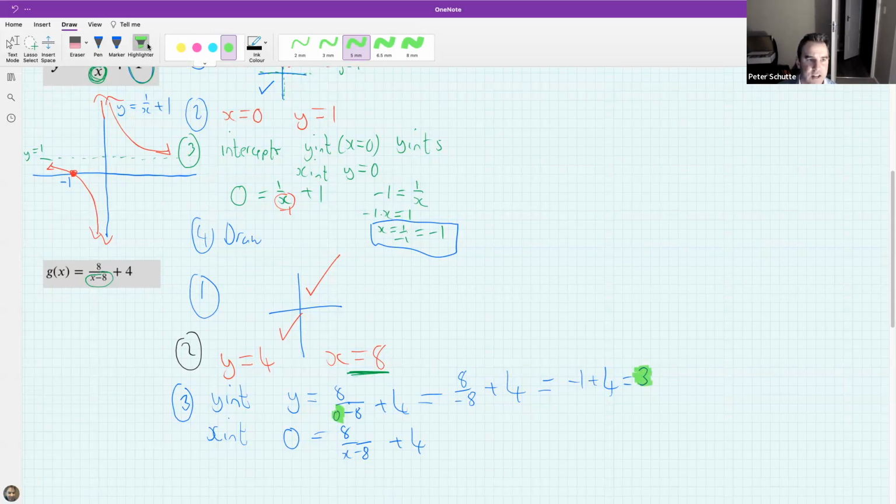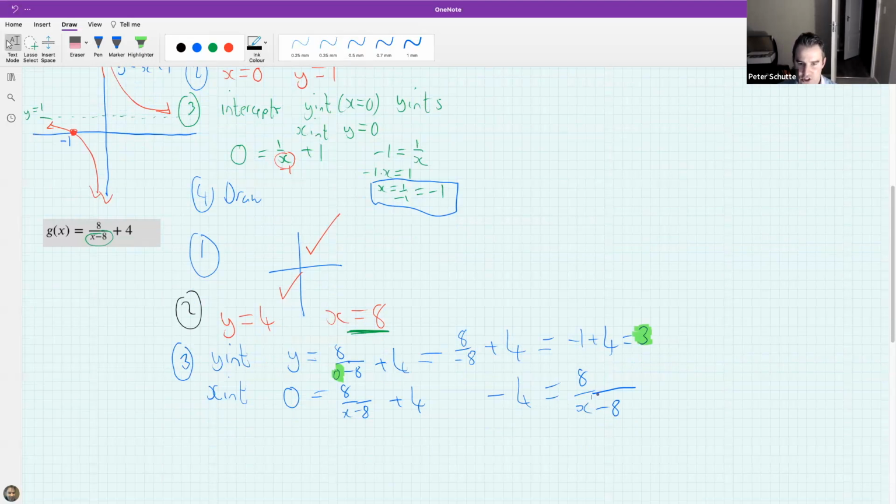Now, for this next one, there's a couple of different ways we can do it. I think most of you will probably do it like this. Tell me in the chat if you would do something different. But that was what I was thinking initially. Bring the minus 4 across. And what do I have to do next now?